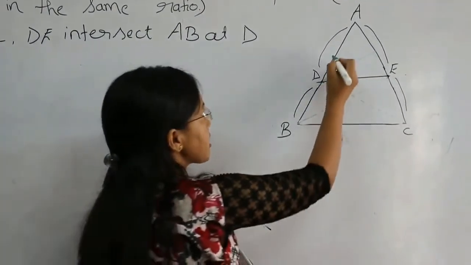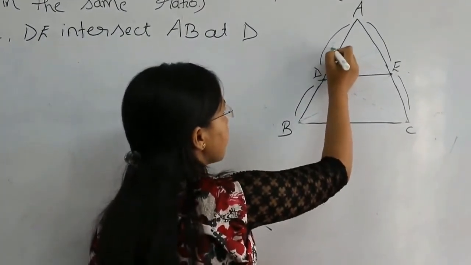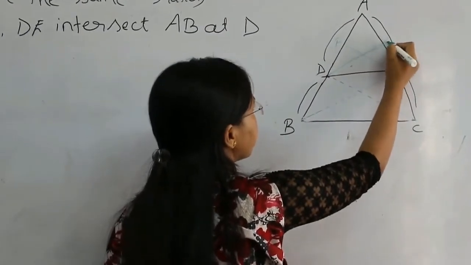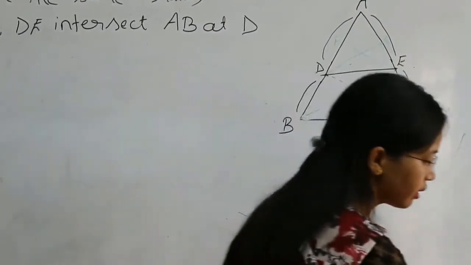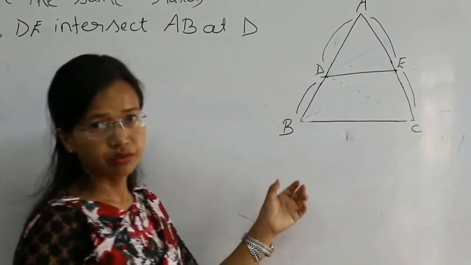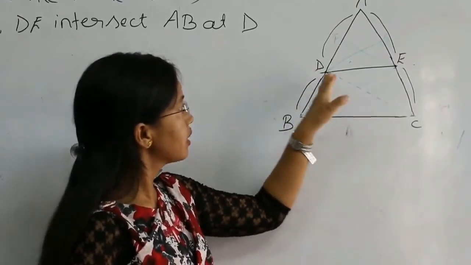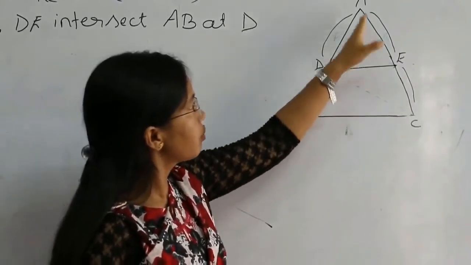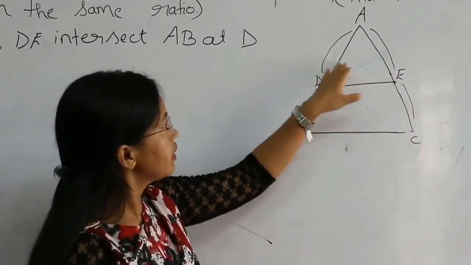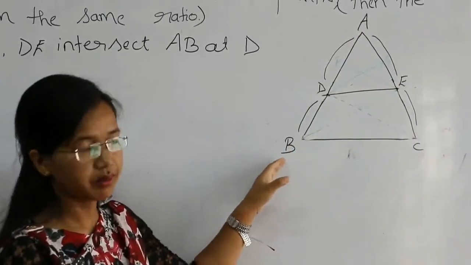Let us name these points F and G. Alright, these two are our construction. First we join D with E and then D with C. Next we draw DG perpendicular to AC and then EF perpendicular to AB. So this is our construction.